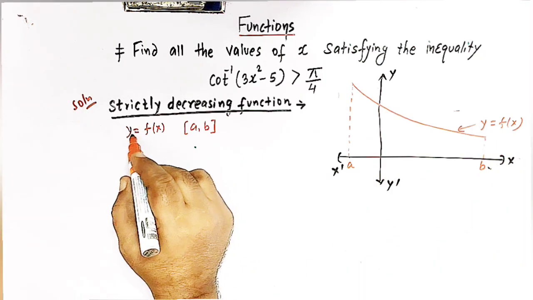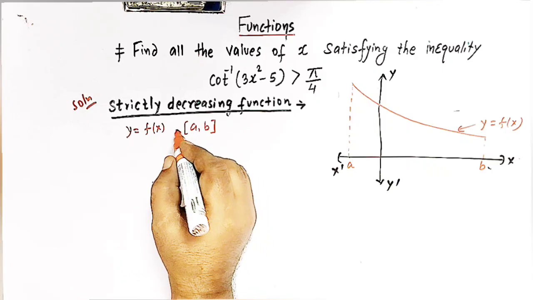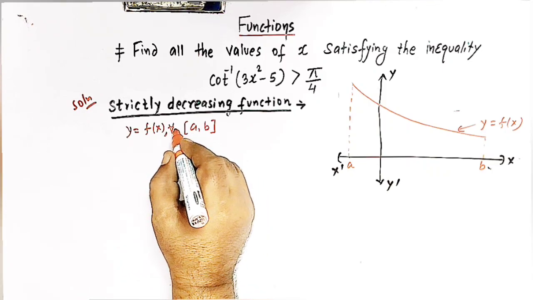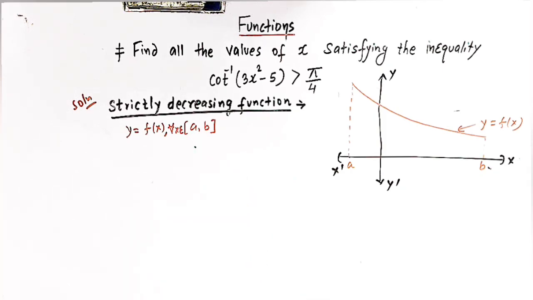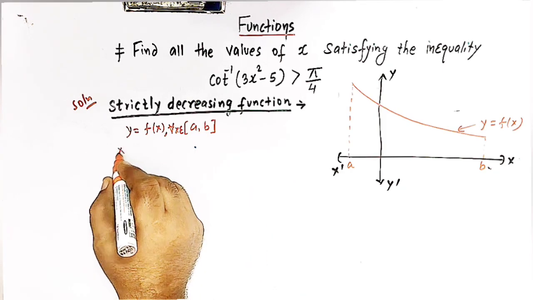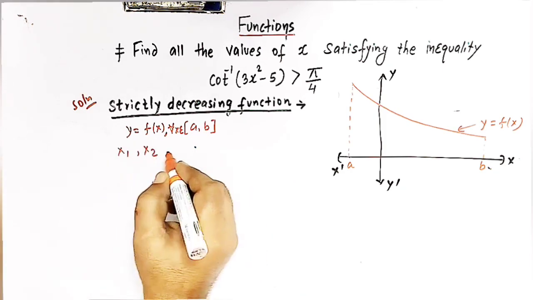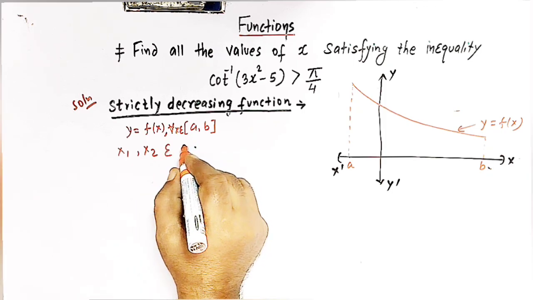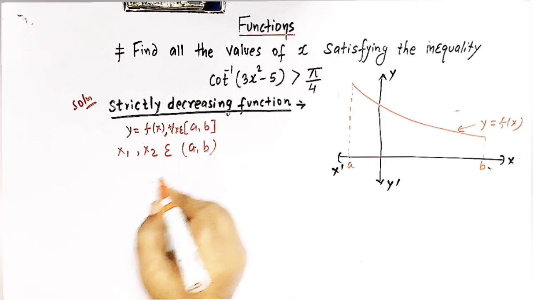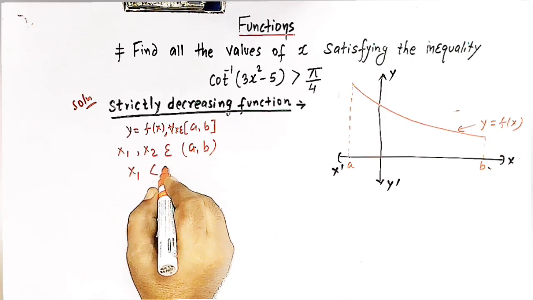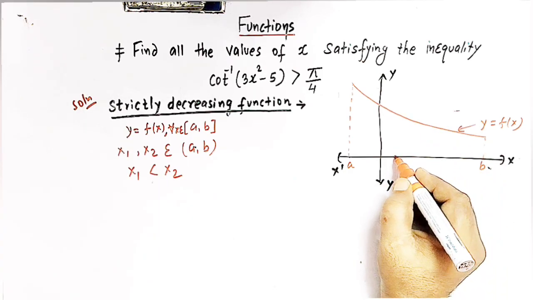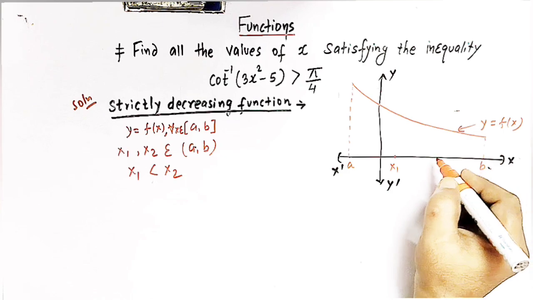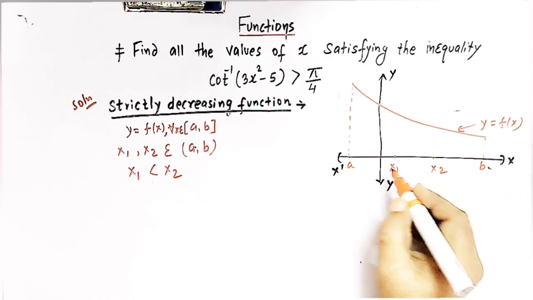So here y is equal to f of x is defined for all values of x belonging to this closed interval a comma b. Now let us consider 2 points x1 and x2 belonging to the open interval a comma b, such that x1 is less than x2. So here we can take this point as x1 and this point as x2.